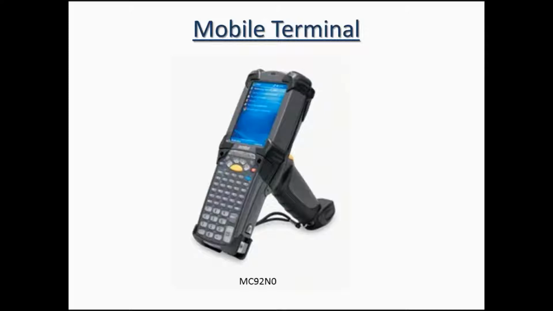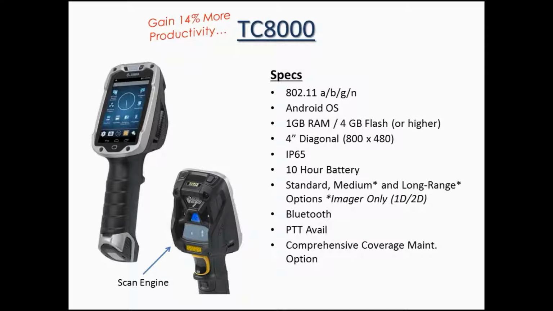So this terminal probably looks familiar to a lot of you. It's the MC92N0, whose predecessors were the MC9090 and MC9190, and this is now the current version of that. The MC92N0 looks exactly the same, and all of the accessories that you may have for the 9090s and 9190s do work with the 92N0.